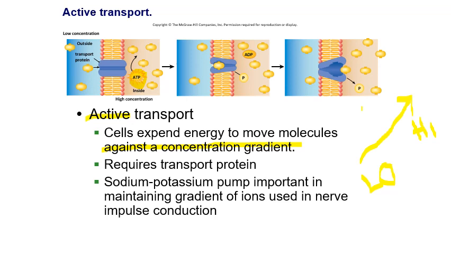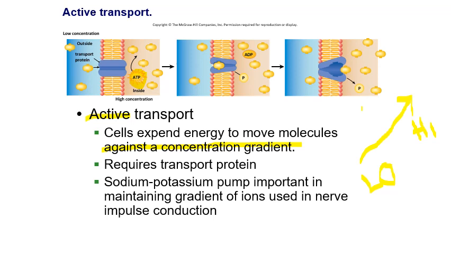So we would do this, for example, in this picture, you're seeing some potassium ions. We've got a low amount of potassium ions on the outside of the cell and a high amount of potassium ions on the inside of the cell. If we continue to move potassium ions in, we're creating a higher concentration gradient.